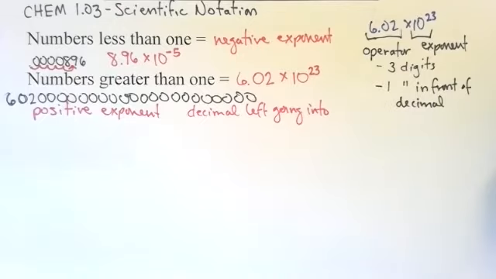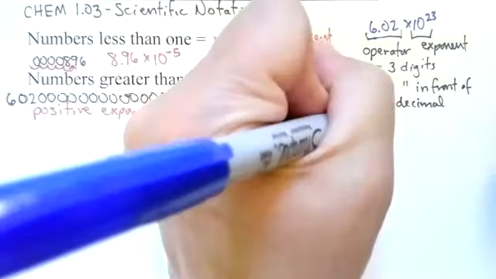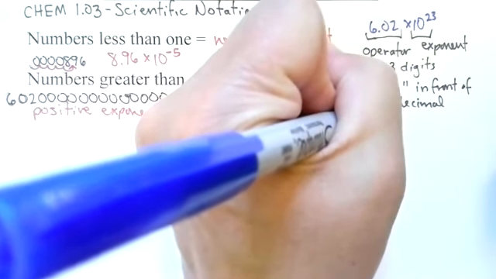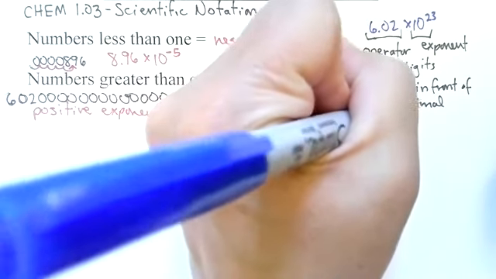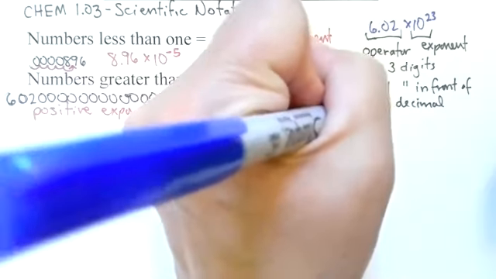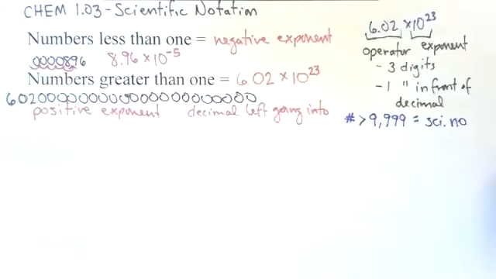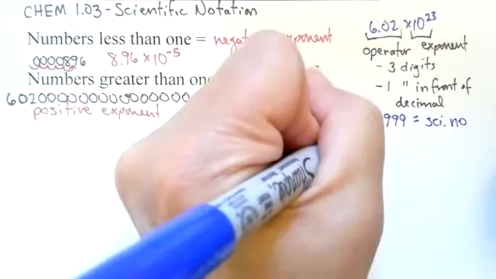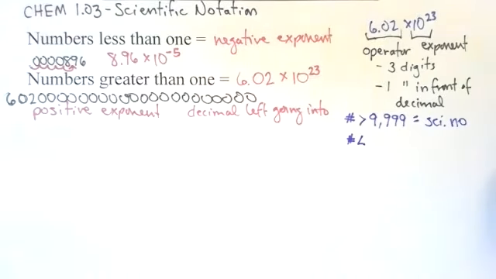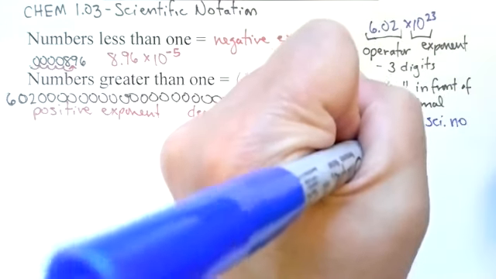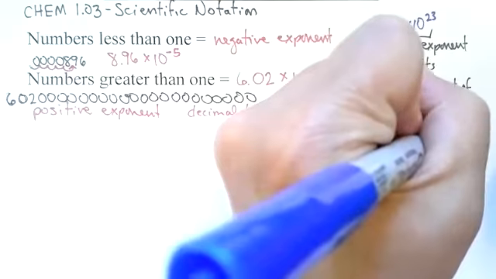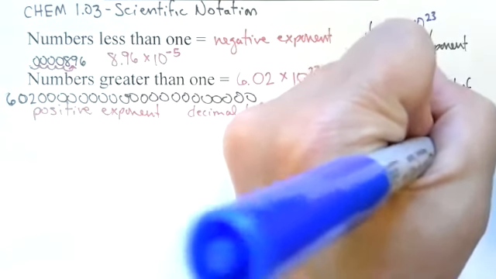How do you know when you need to use scientific notation? Basically, any number that is greater than 9,999 should be in scientific notation. And any number that is less than 0.001 needs to be in scientific notation.